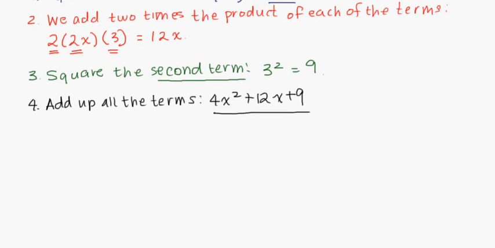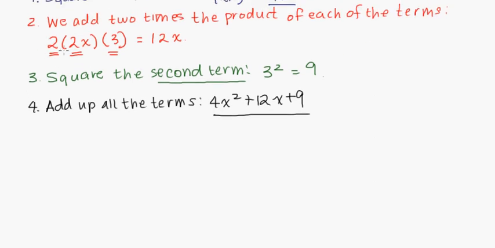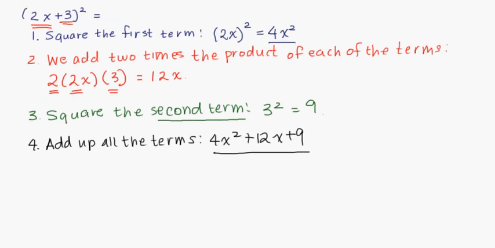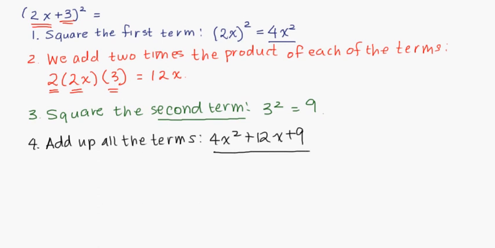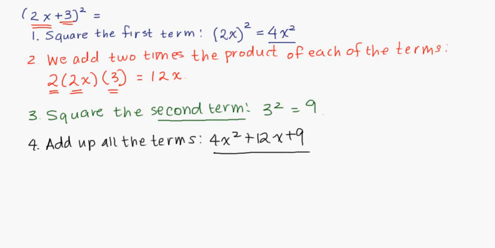So as a result, we multiplied 2 times the first term times the second term. Okay, so that's just a quick rationale as to how it works. So let me do one more example just to make it a little clearer.